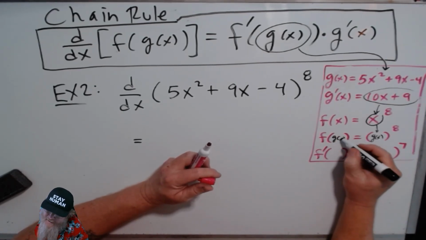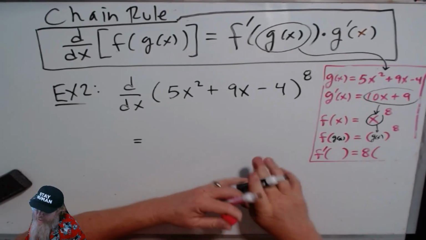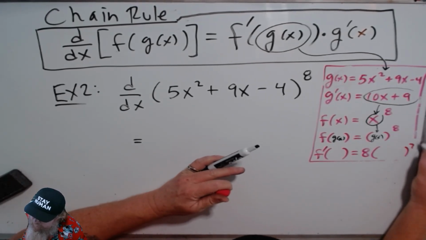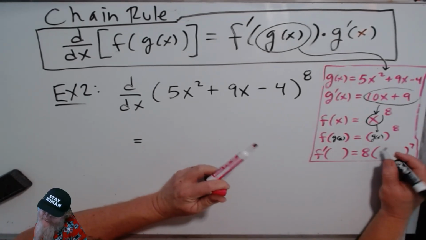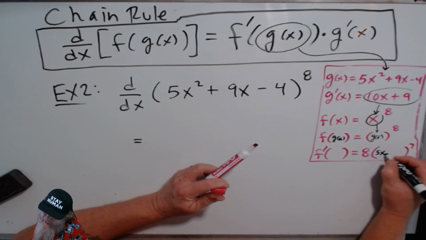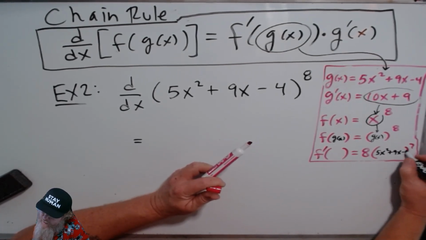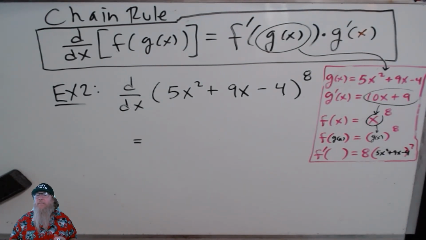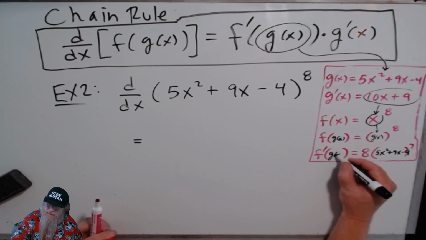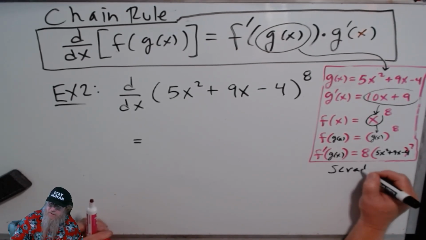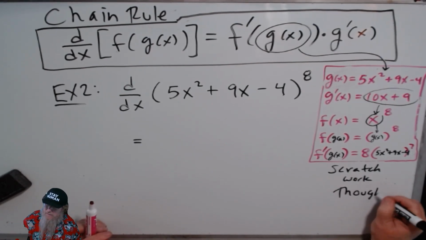I'm writing it very small. Probably going to need more room than that. So g is all of this, 5x squared plus 9x minus 4. All right. I wrote it really tiny here. Don't worry. This is just my scratch or my thoughts.